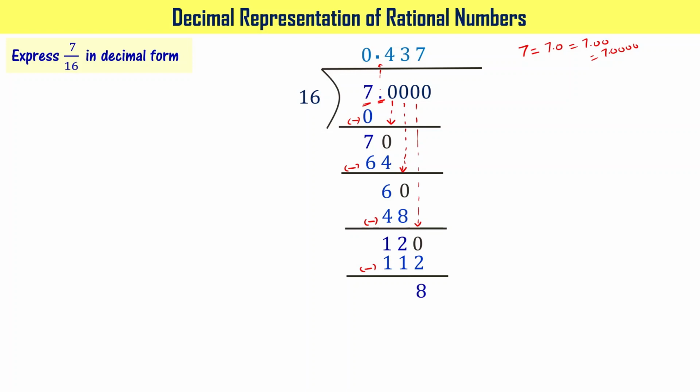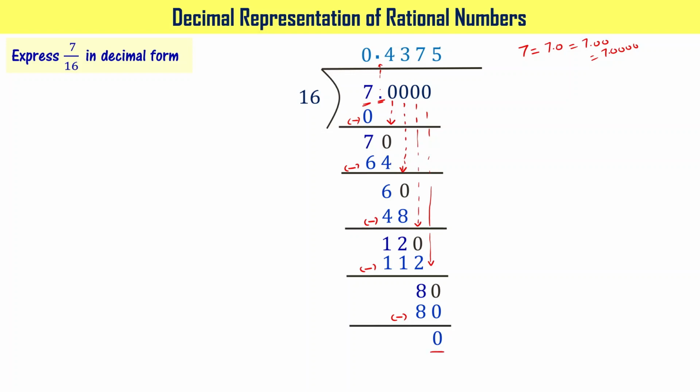Now bring the last 0 down. Of course, you can have more zeros, but I'm saying last 0, doesn't matter. Now you have 80, right? We know 5 times 16 is 80. When you subtract 80 from 80, what you get is 0 as the remainder, right? So now we got 0.